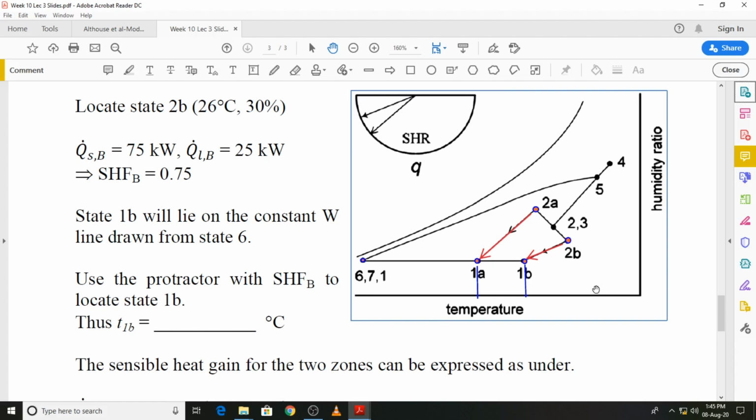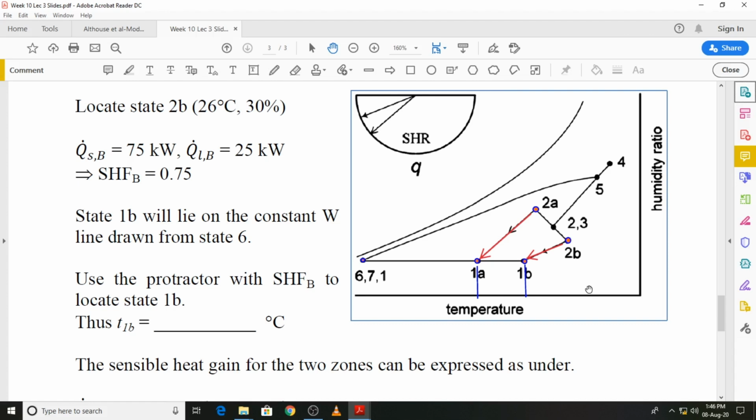You can see that on the psychrometric sketch I have shown these points that we have located. We started with state 6, located state 2A, used the sensible heat factor, located state 1A, and found out the dry bulb temperature at state 1A. Then similarly you can see that we can locate state 2B because we are given the dry bulb temperature and the relative humidity.